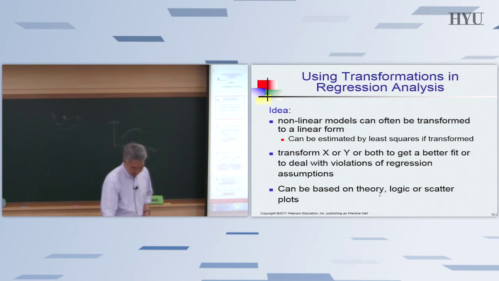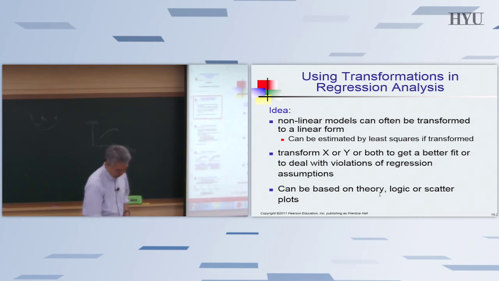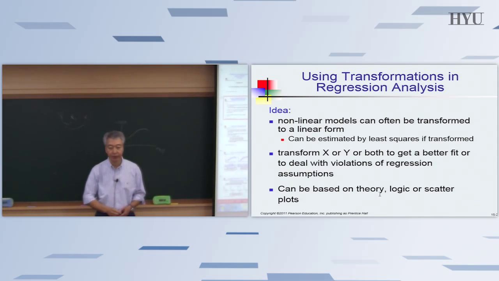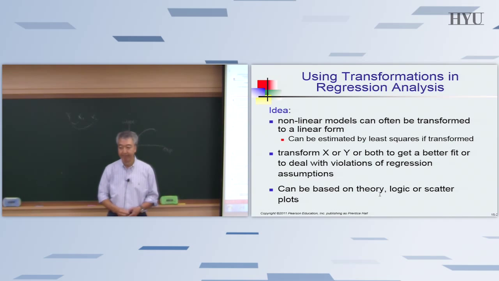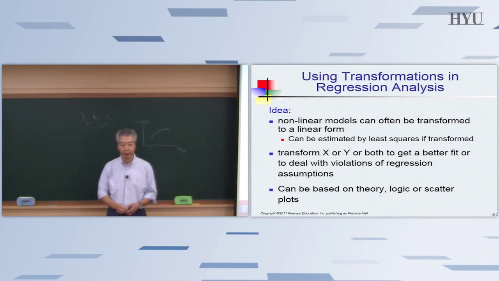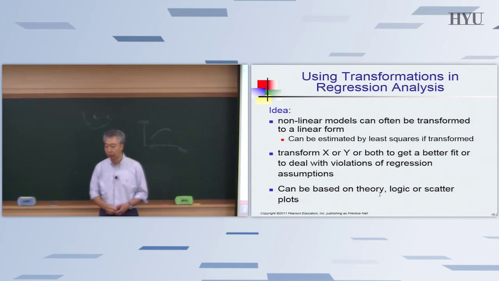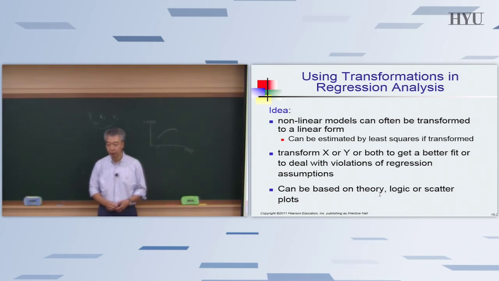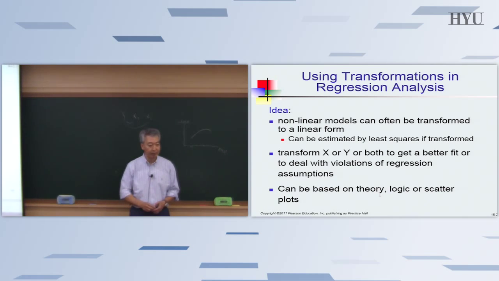It can be based on theory, logic, or a scatter plot. Sometimes we can expect a nonlinear relationship based on theory. In microeconomics, I think you've all learned about the average cost curve, AC or ATC, average total cost. Do you remember anything about the average cost curve?